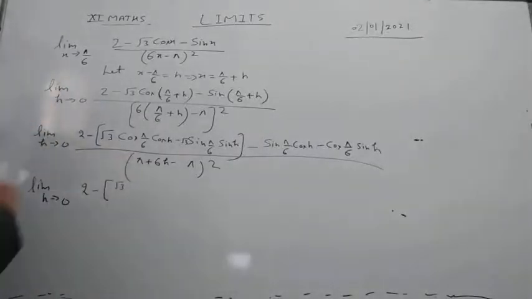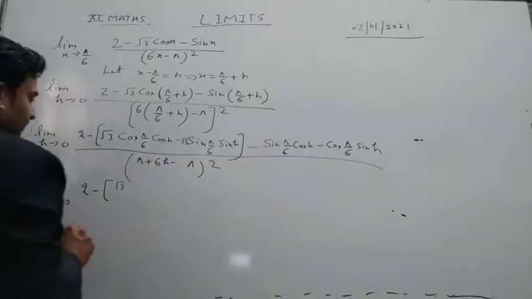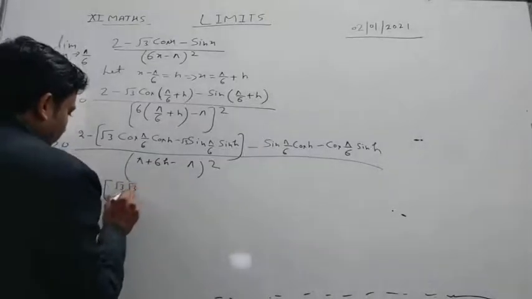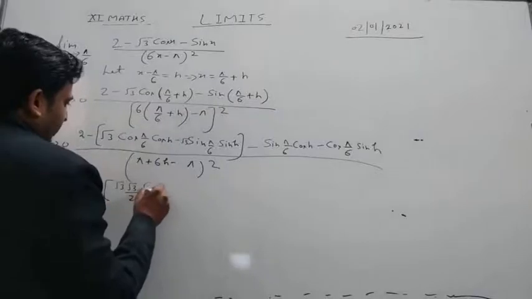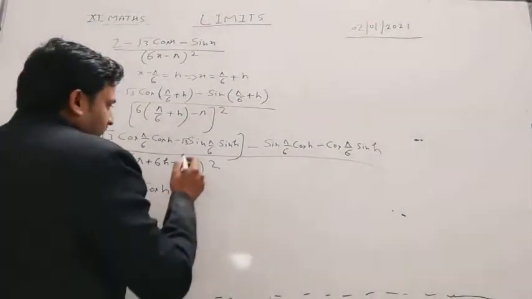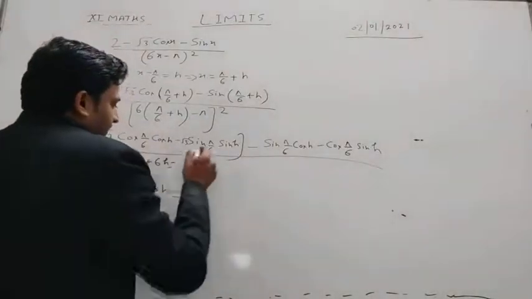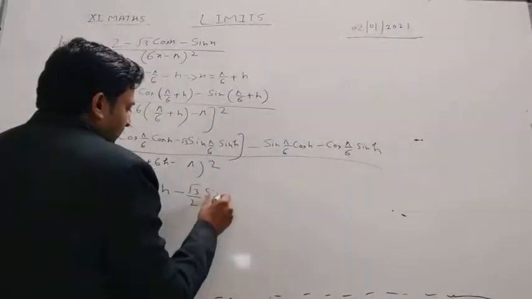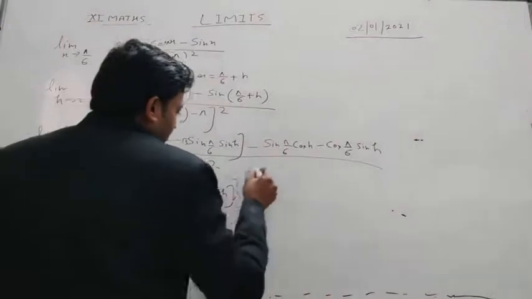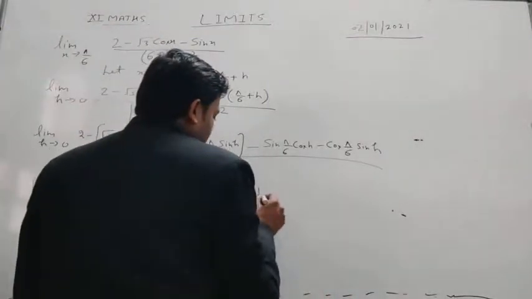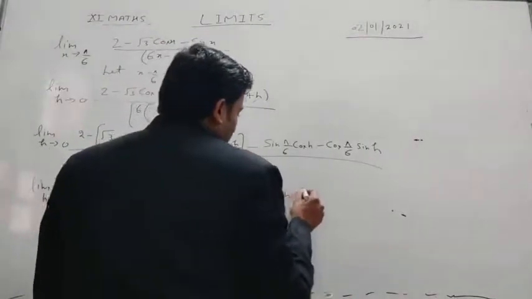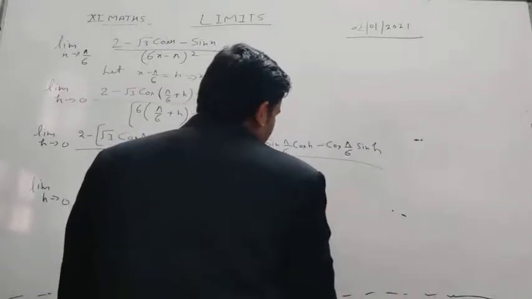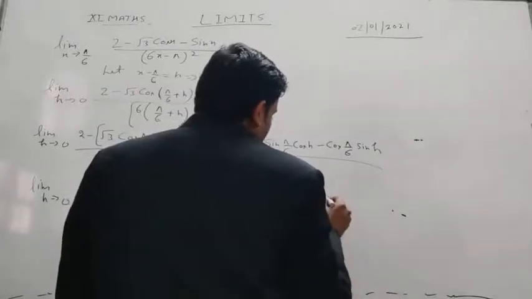Limit h tends to 0 of 2 minus root 3 cos 30. Cos 30 is root 3 by 2, and this is cos h, minus root 3 sin 30 which is 1 by 2 sin h, and minus sin 30 which is 1 by 2 cos h, cos 30 root 3 by 2 sin h.